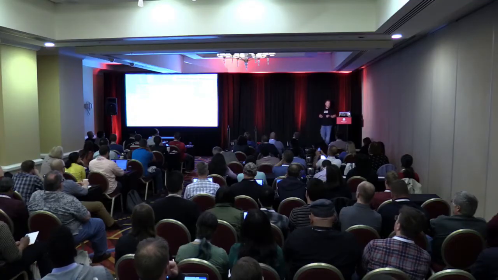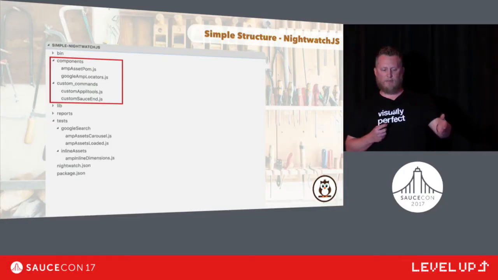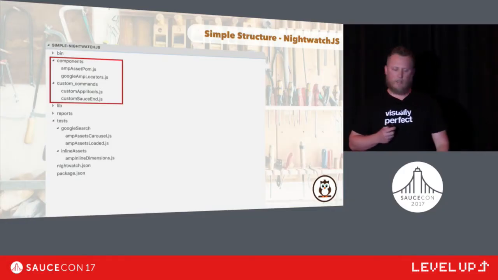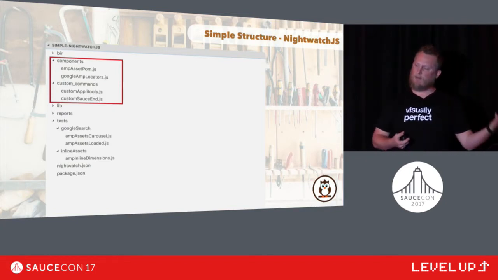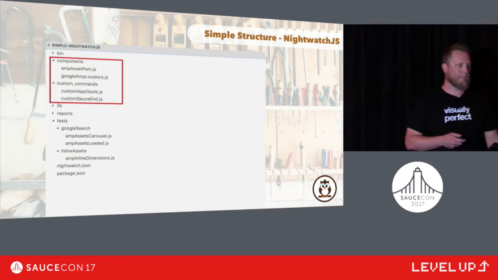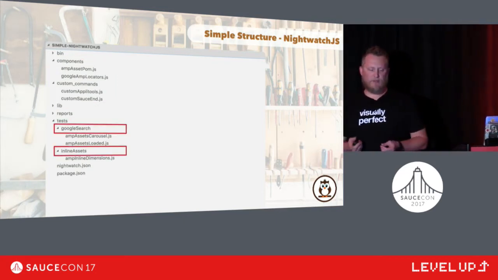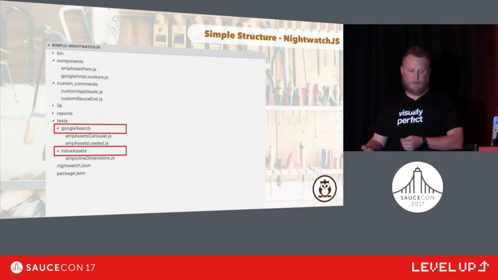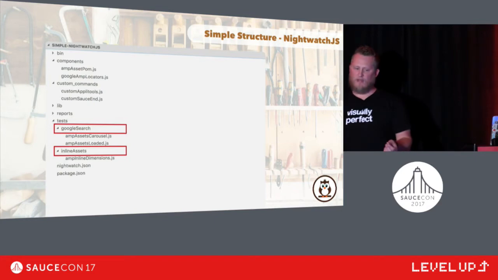It can be clear and simple, where everybody understands where all your reusable components are located, based on your page objects, your centralized locators, even down to custom commands where you're sending status back to Sauce Labs. Then creating test groups based on the user stories, so when I need to write a test for a Google search or an inline asset, I know where to put that test.